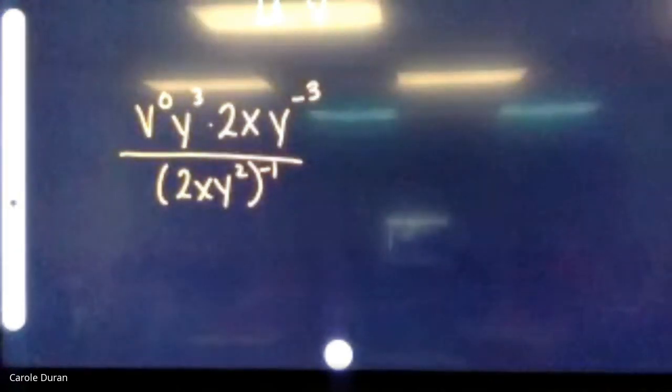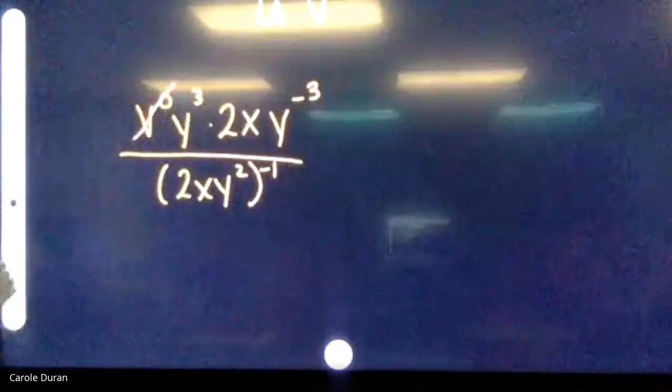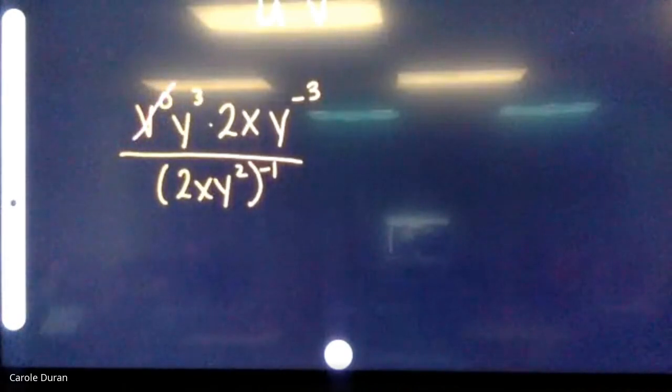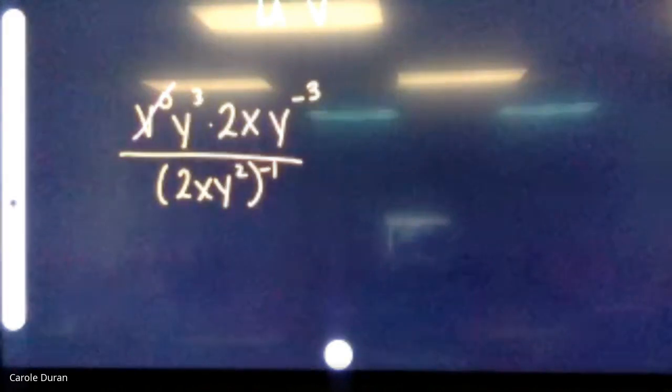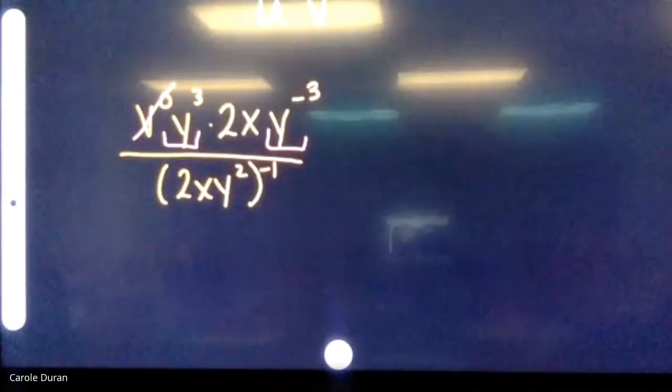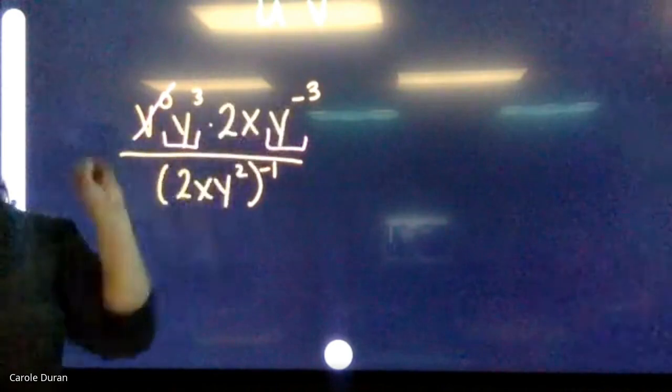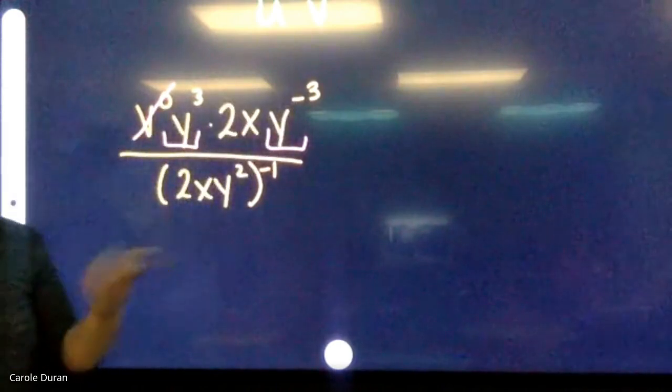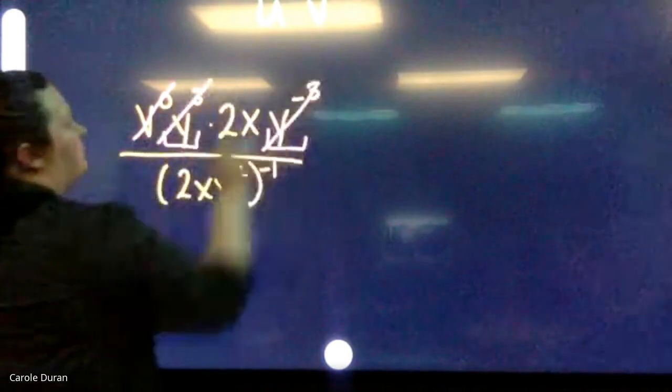Okay, so the v0 is going to be the first thing to go because that turns into a 1. Is there anything else I can put together in my numerator? The y's, right? I have a y3 and I have a y negative 3. So when I add those together, what does that become? Becomes 0, right? Because 3 minus 3 is 0, and y0 is going to equal 1. So those cancel each other out.